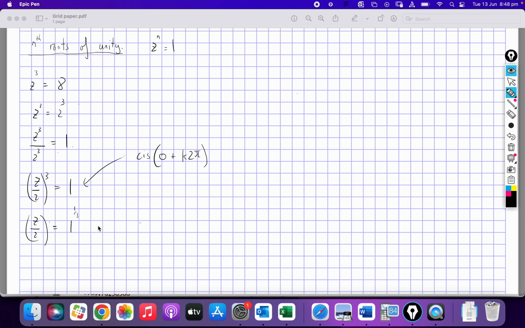But what I'm trying to impress on you is that I can write this pretty easily. I need to know that w is 1/3 of a circle, so 2 pi divided by 3. So let w equal cis 2 pi on 3. It might help with a diagram to see what's happening.